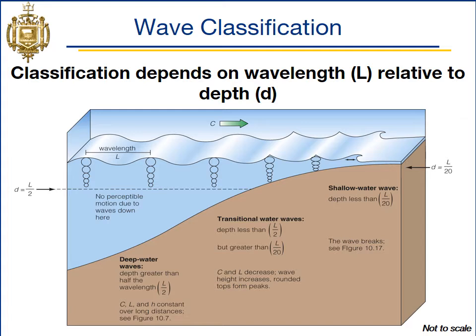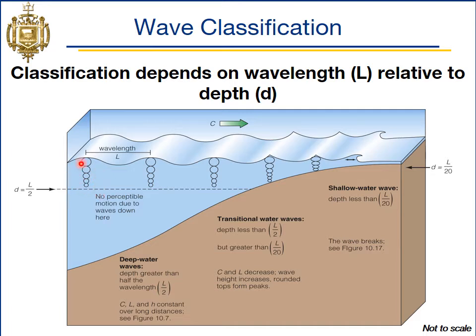And the critical value is a D over L of 1/2. So if the water depth is greater than half the wavelength, we consider that to be deep water conditions. And essentially what that means is, if we look at this picture here, you can see the particle path of individual water molecules, and we'll talk about that in more detail in a few slides.